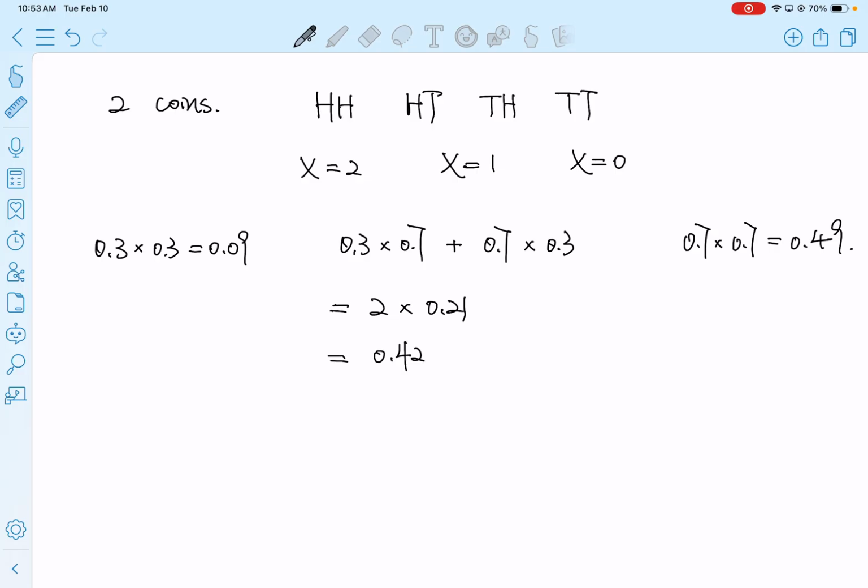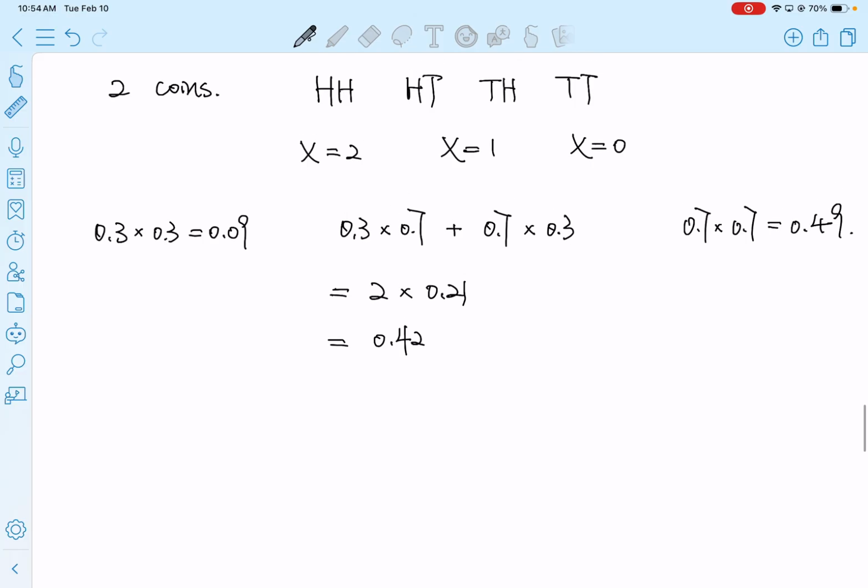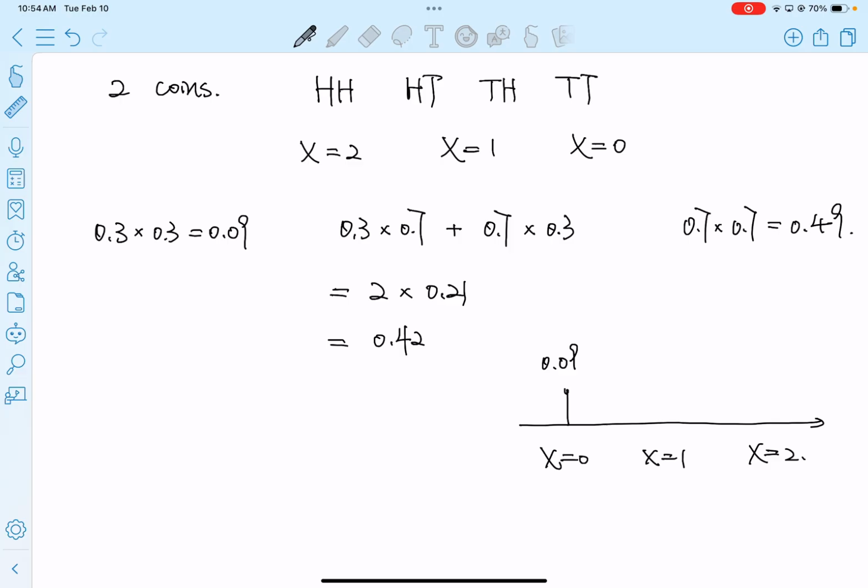Okay, and then we also calculate the probability for each value of the random variable x. We can also make a figure like this. Okay, so x equal to 0, x equal to 1, x equal to 2. We will have this one, 0.09, x equal to 1, about 0.42, maybe here is 0.42.